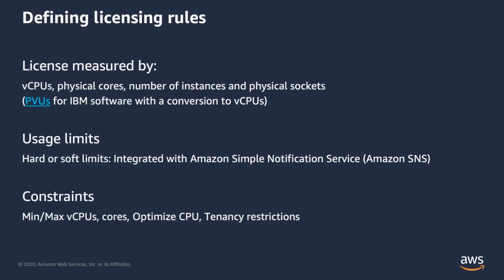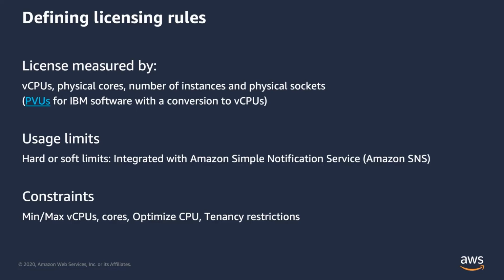Diving deeper into the rules, you can specify how the licenses are measured, whether by virtual CPUs, physical cores, or physical sockets. We talked about the service being able to manage licenses from a variety of software vendors. So any license that's based on vCPU or sockets can be managed by the service.